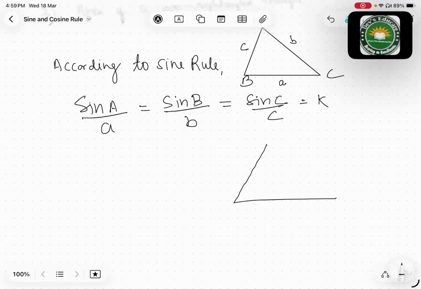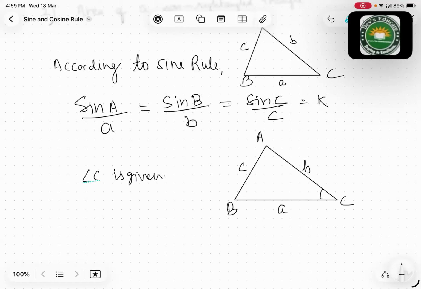So let us try to find the area of the triangle. Let's draw triangle ABC once again. This is side a, this one is b, and this one is c. Let's say we have been given angle C, it might be any measurement, let's say theta.